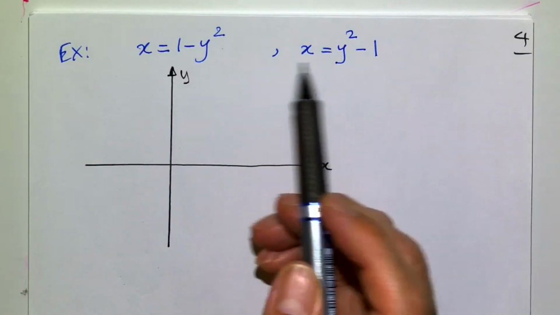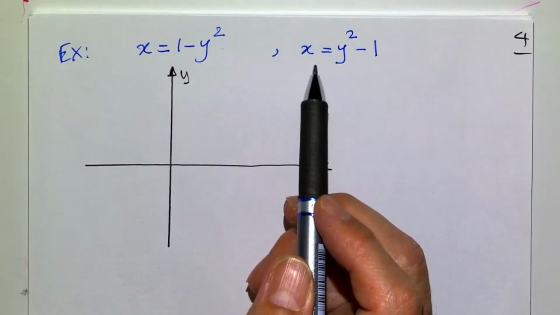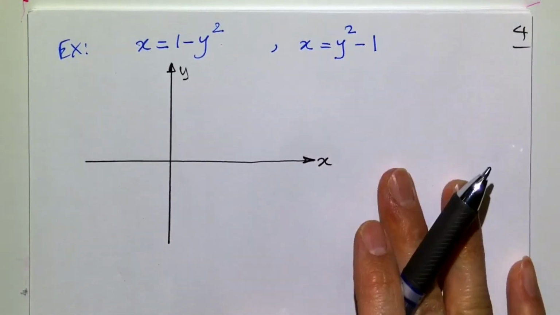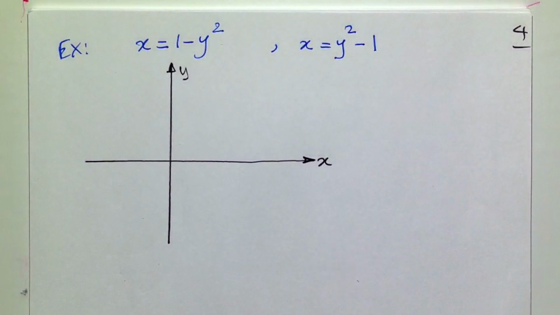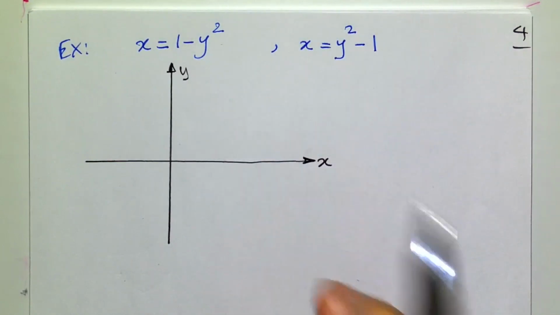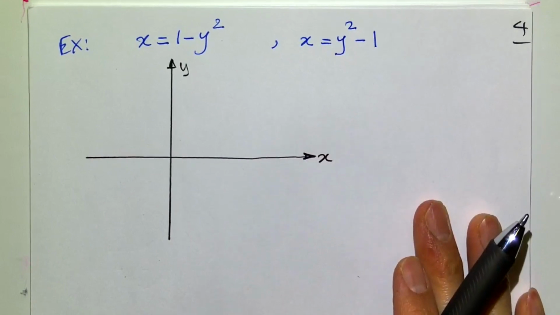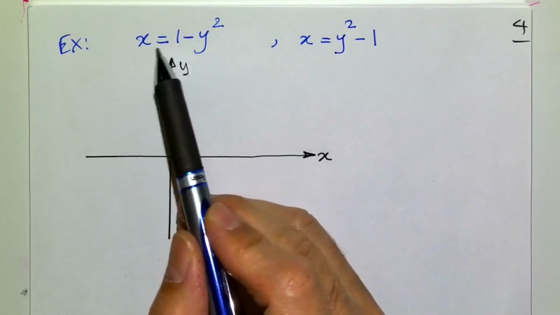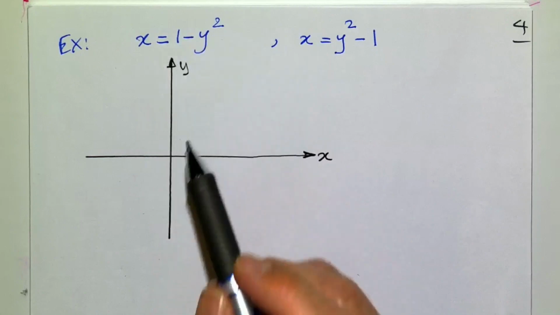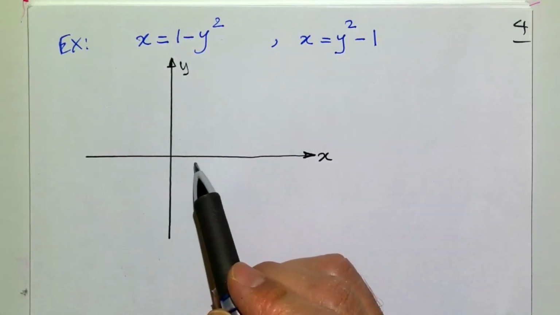These are both parabolas that open horizontally. This we learned from the Math 127 course, or Trigonometry Pre-Calculus 2 course. We have y squared, and x is linear, so we have parabolas that open horizontally.